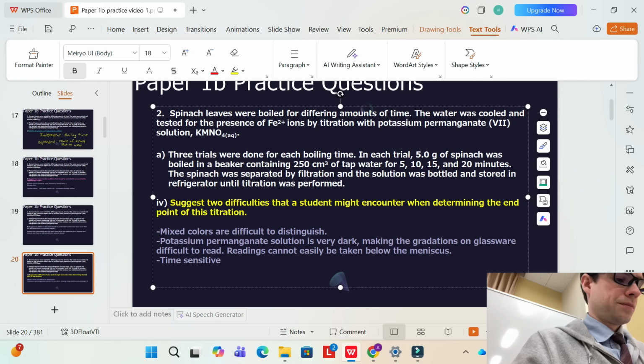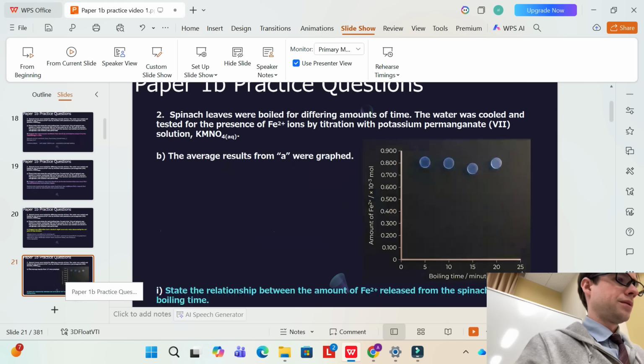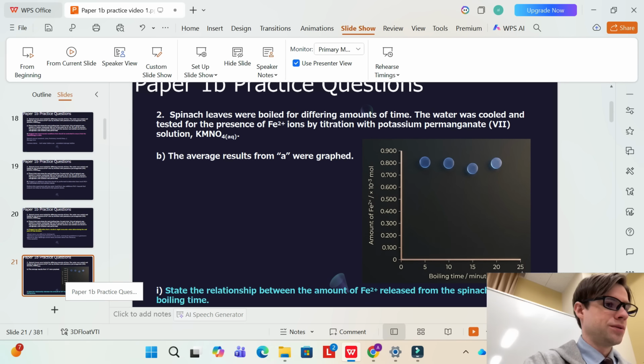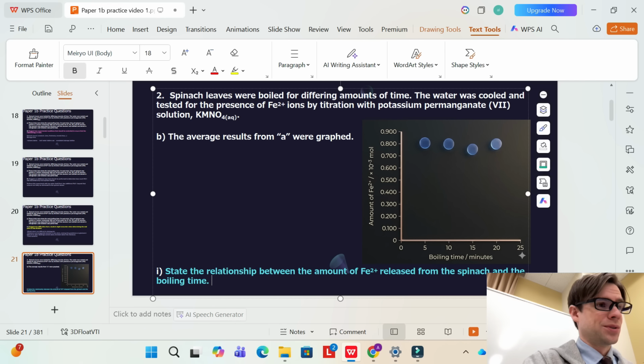All right, moving on. So the average results were graphed here. 4 points for the 4 boiling time data points. State the relationship between the amount of Fe2 plus released from the spinach and the boiling time. So what relationship would you say? It's like either a horizontal line or a slight dip in it, but the answer is no relationship is visible.